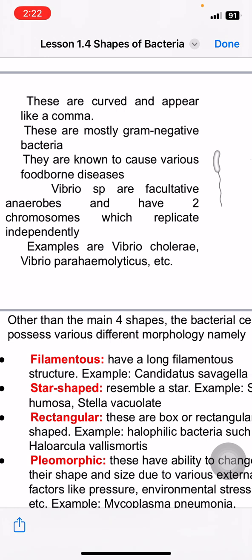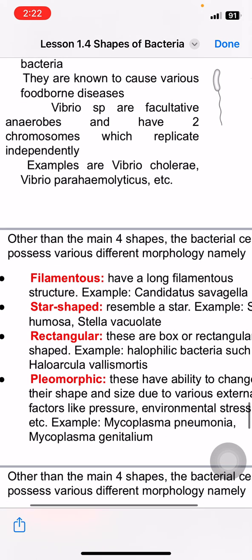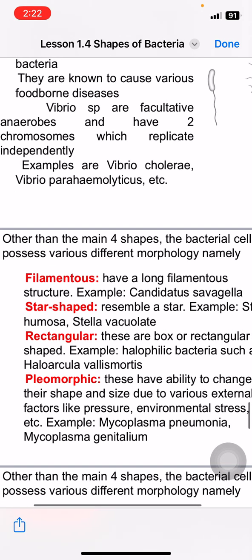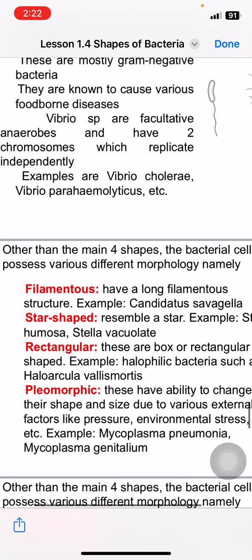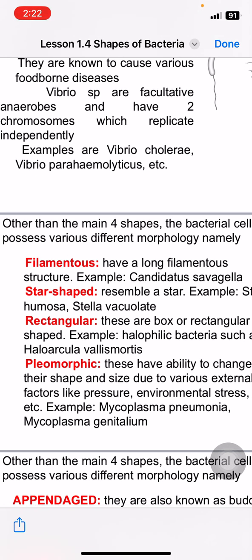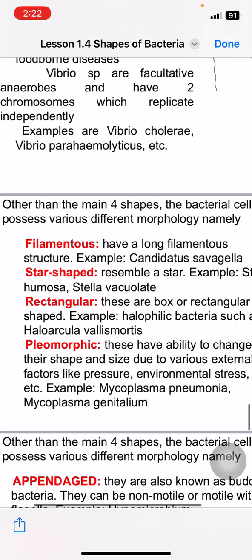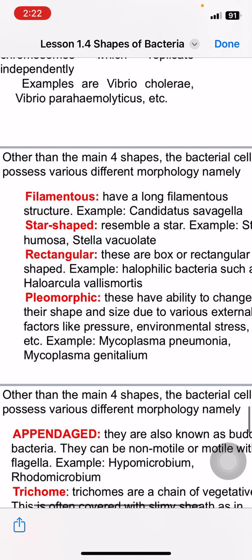So the main four shapes of the comma Vibrio are the filamentous, which has a long filamentous structure, like a sperm-style shape. Then the star shape has a resemblance of a star. And rectangular are the Vibrio that can form into a box or rectangular shape.